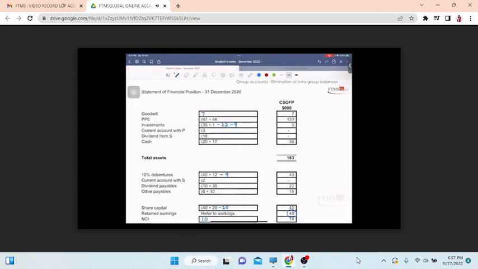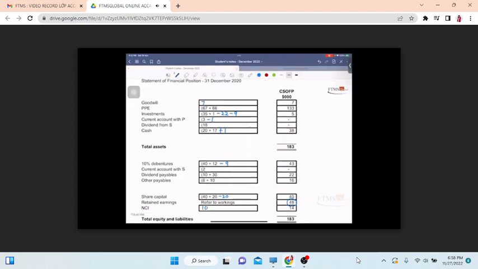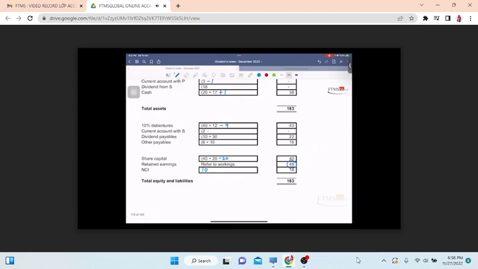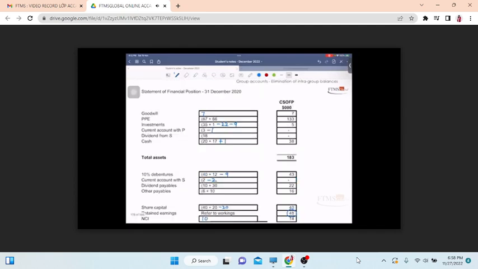Then next is the cash in transit. You will debit cash, so debit cash means add 1, and you will credit current account with P. Credit means minus, credit asset. Then next, you debit a current account with S. Liability debit means minus, and you credit current account with P, minus.